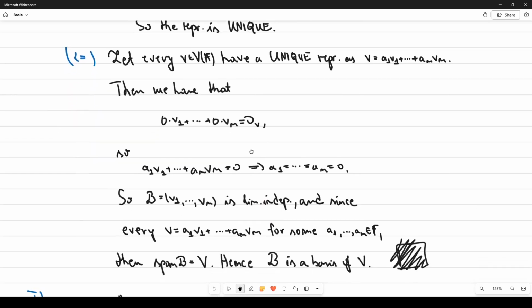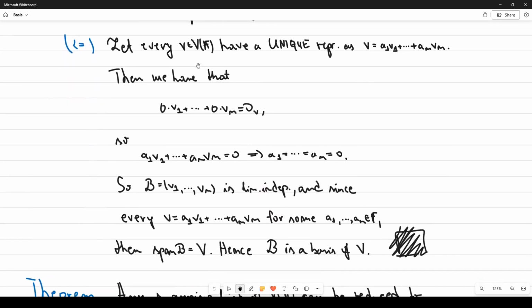Now in the opposite direction, let's suppose that every vector in the vector space has a unique representation as a linear combination of these given vectors, v1 to vn. Then our 0 vector can be expressed this way. And since every vector has a unique representation, this has to be the only representation.